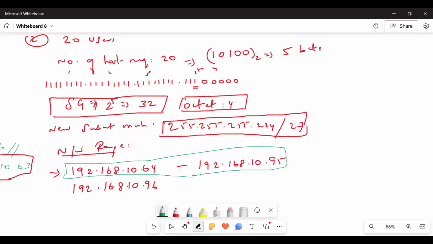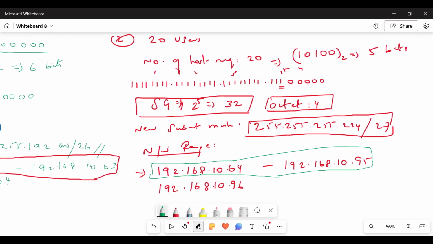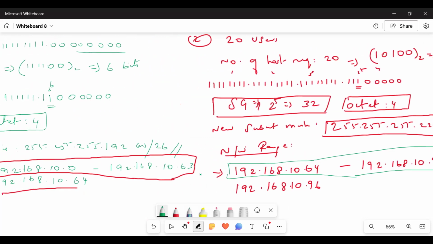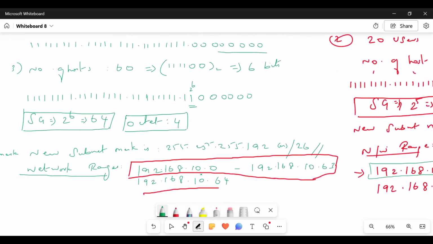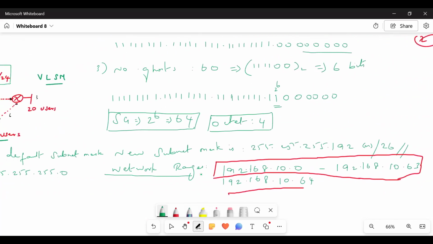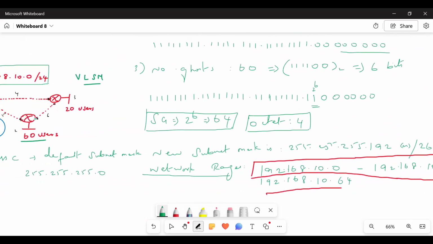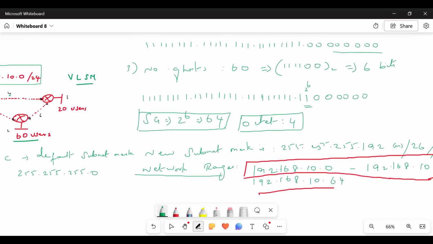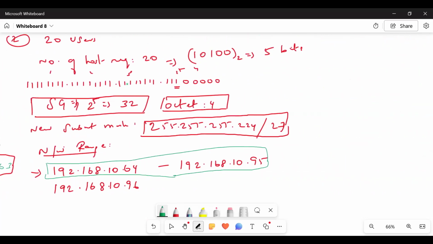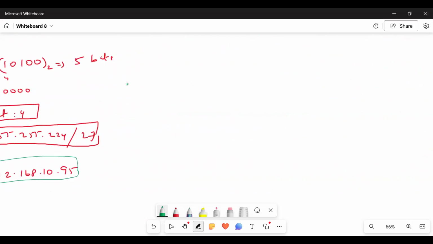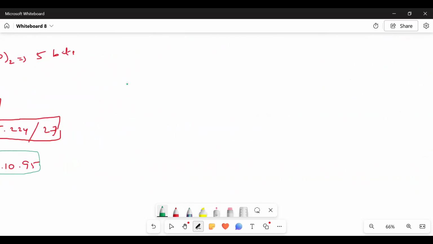Now again in the question, we have completed 60, 20, and one more 20 is there. One more 20, and we need to find the crossover links 1, 2, 3. That is 2 hosts. 2 points are there, so 2 hosts.